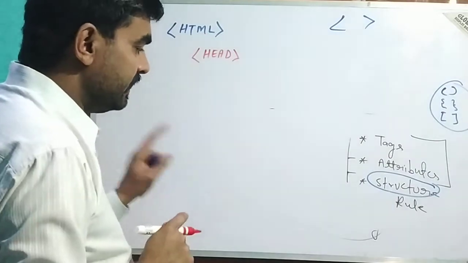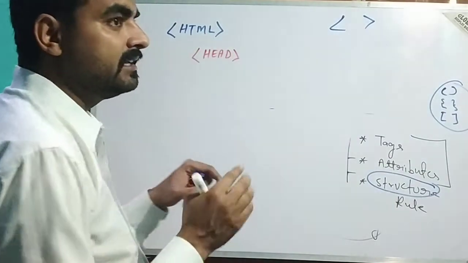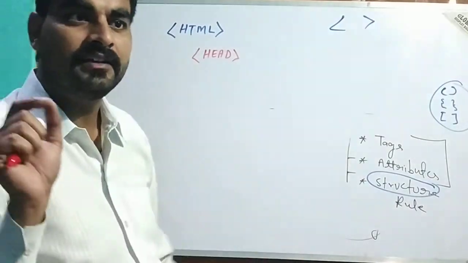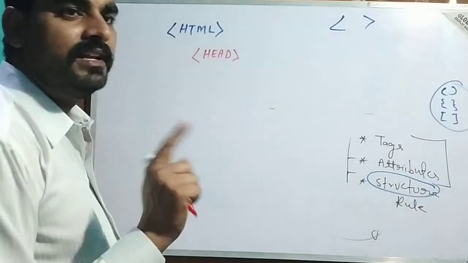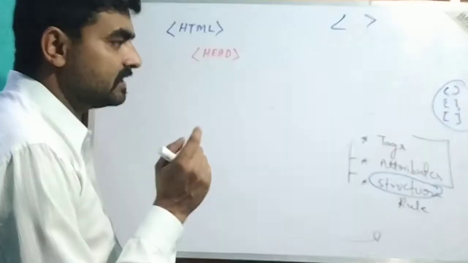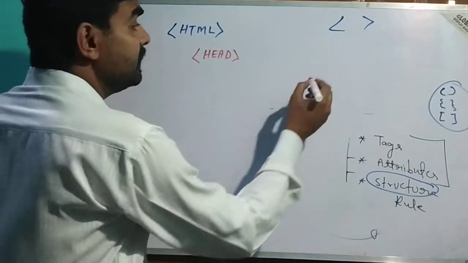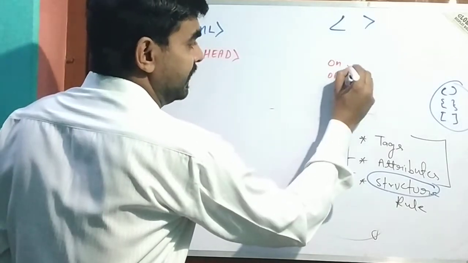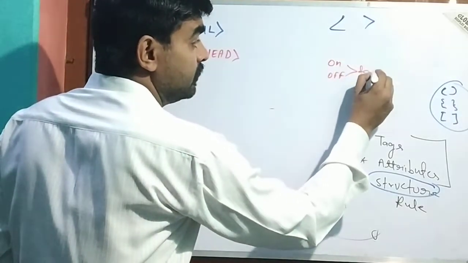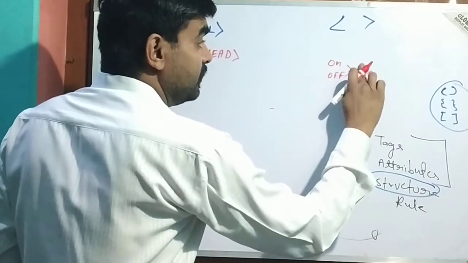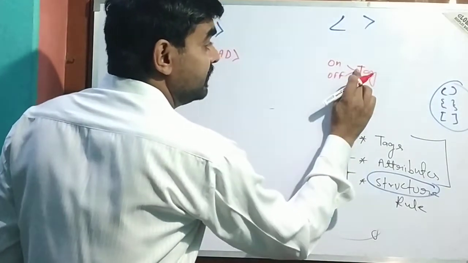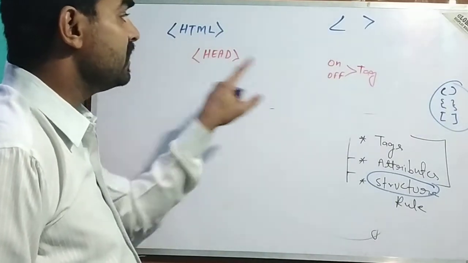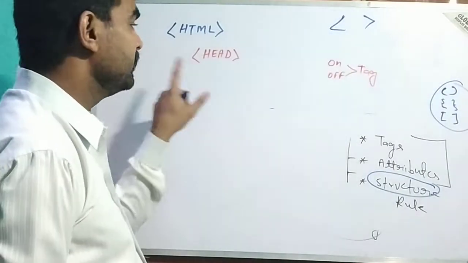Student, in the previous video I explained two types of tags, empty tag and container tag. First I will explain the container tag. What is a container tag? The tag which has both an on tag and an off tag is called a container tag. I am repeating, the tag which has on and off tags is called a container tag.